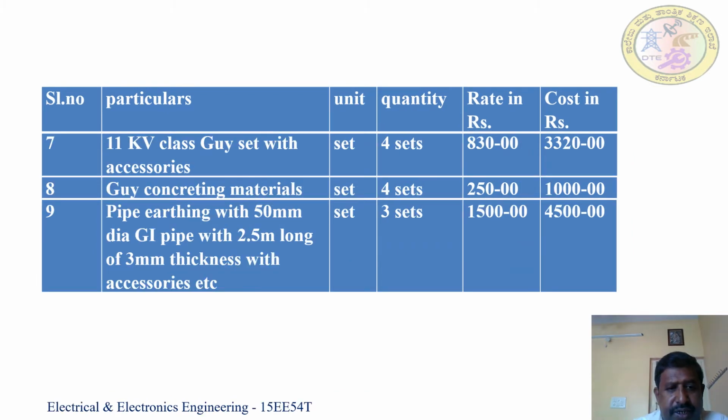The seventh item required is 11 kV class guy set with accessories. Guy sets relieve the tension strain of the pole due to stringing of conductor. It consists of stay wire, stay rod, stay tightener, stay plate, etc. So unit will be in set.